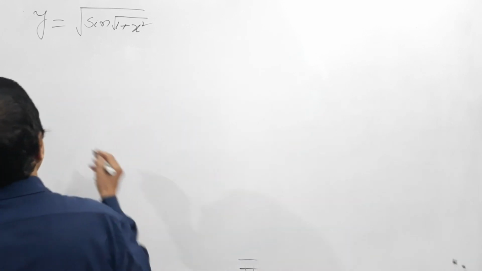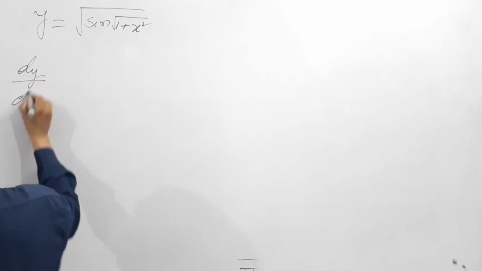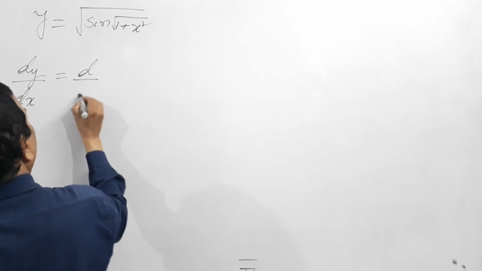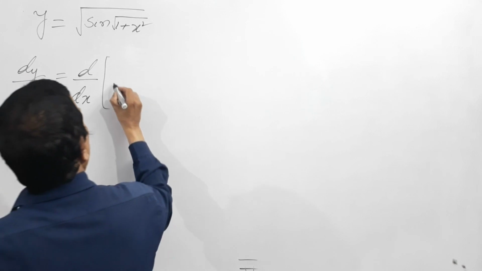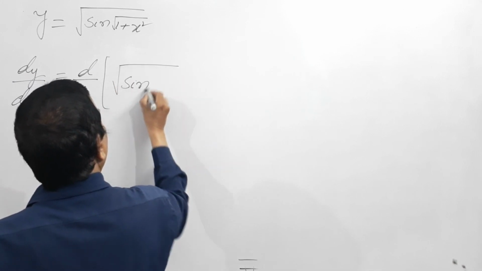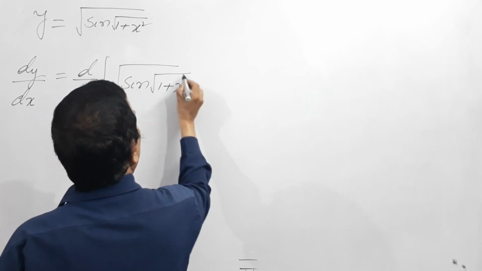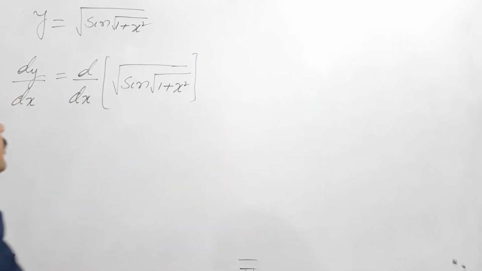So dy by dx equals to d by dx of under the root sine under the root 1 plus x square. So this is how the problem is.